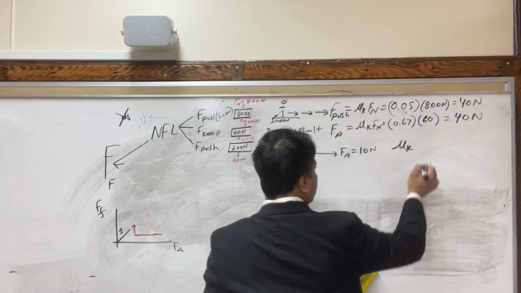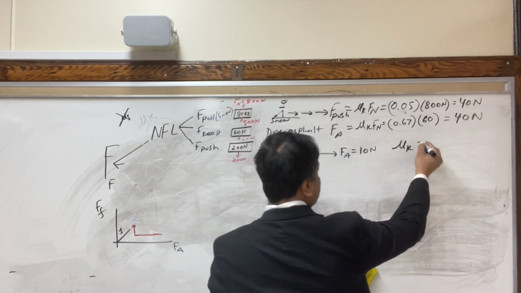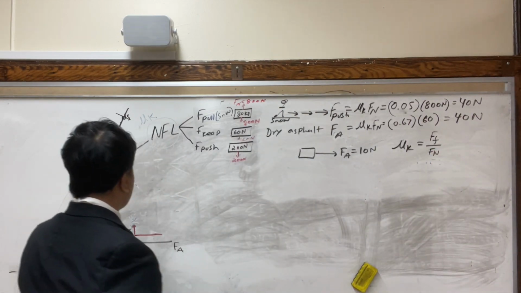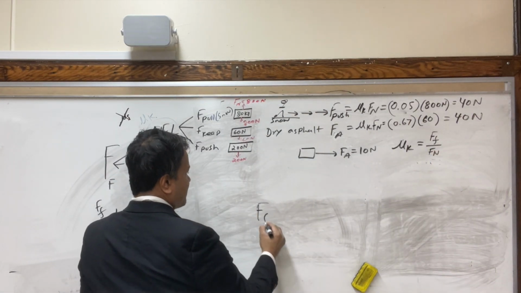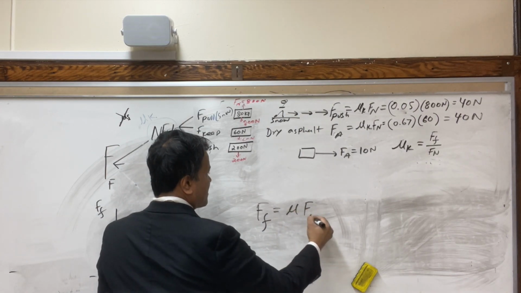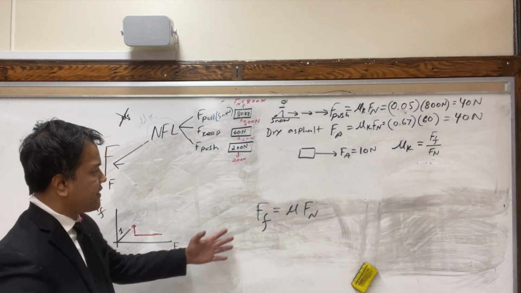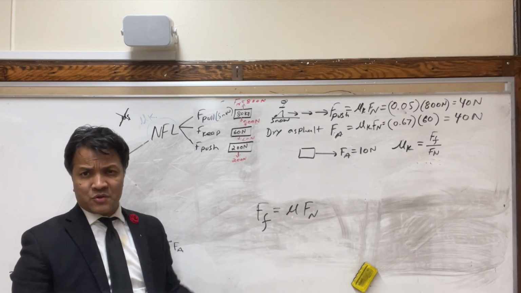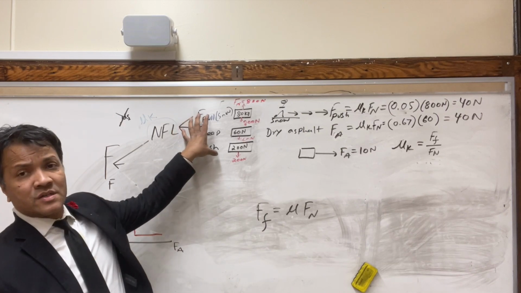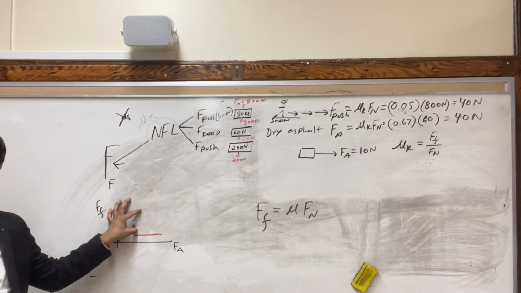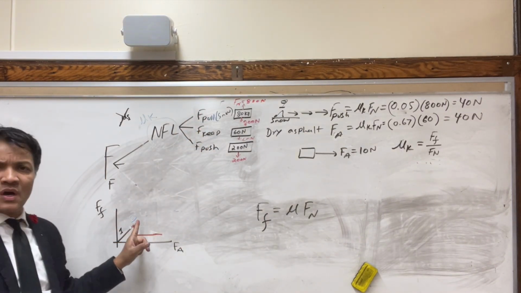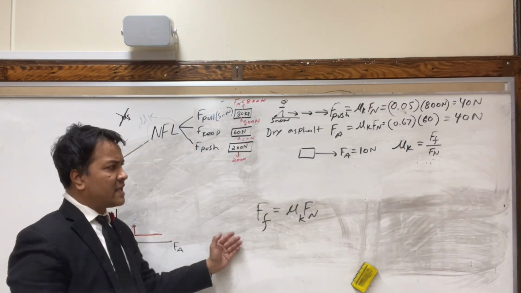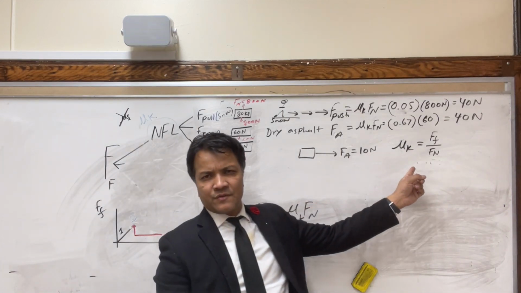You know that mu k is Ff over Fn. How do you know that? Well, in the beginning I gave you Ff is mu Fn. In this case, you are not 100% sure whether it's mu s or mu k, but you do. This is location 2 of the graph, and location 2 is constant motion. Put mu k. Do the algebra, then you're going to get this.